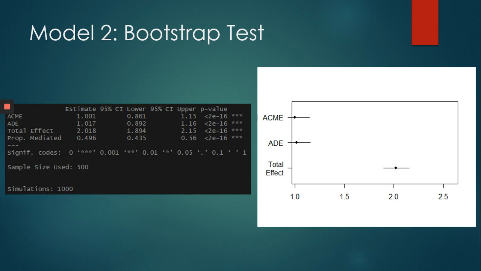And to further illustrate the amount of mediation we have, we can also consider the tau equation. The tau equation is that tau equals C minus C prime. So in effect, the closer that tau gets to C, the more mediation the model has. And in this case, with half being mediated, our tau is roughly half of C. So we have evidence of partial mediation.